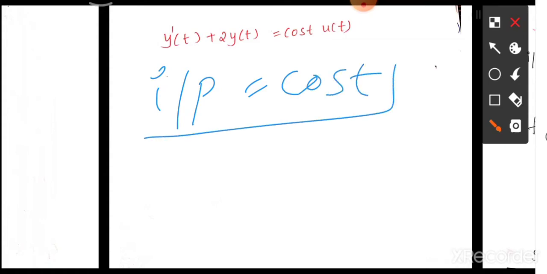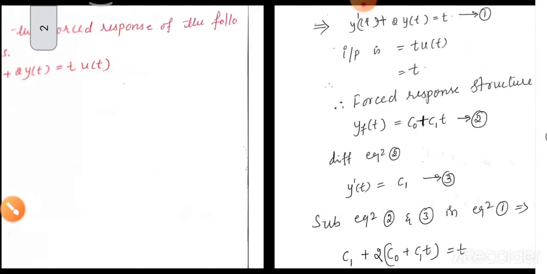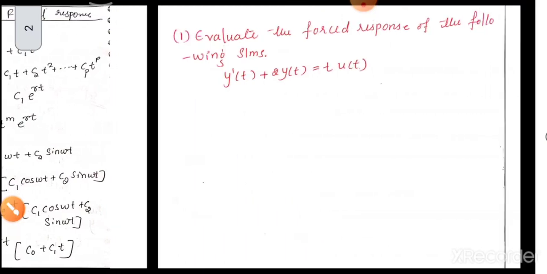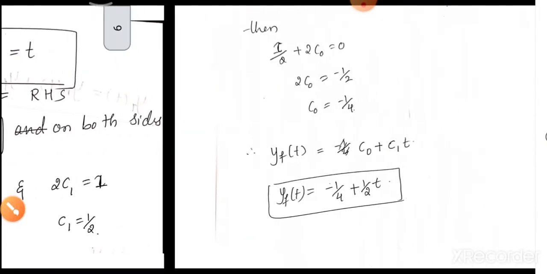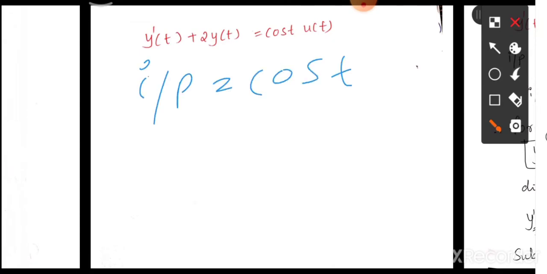If you have cos t as input, what might be your forced response structure? If you have a cos theta, it will be c1 cos theta plus c2 sin theta. Similarly we have to consider that here, based on the input.